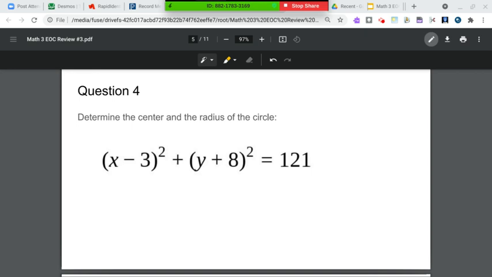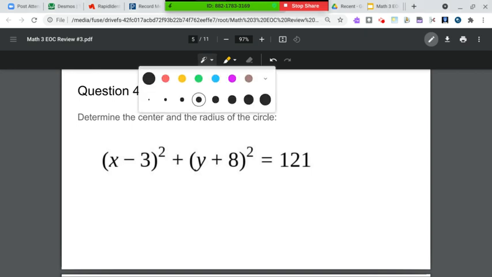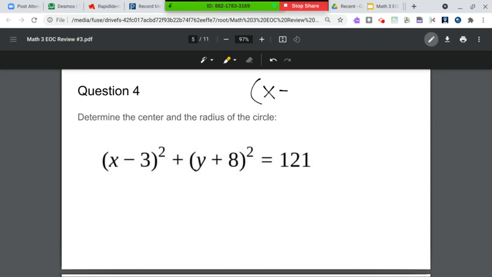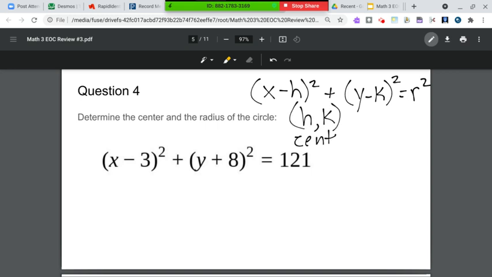You can stick it directly into Desmos and identify the center, or you can remember that standard form is x minus h squared plus y minus k squared equals r squared. (h, k) is the center, and the square root of r squared is the radius.